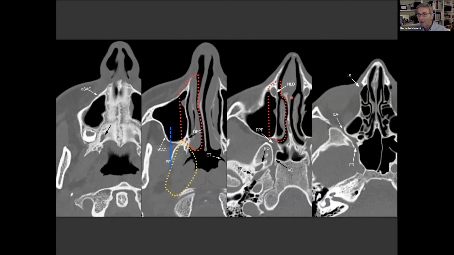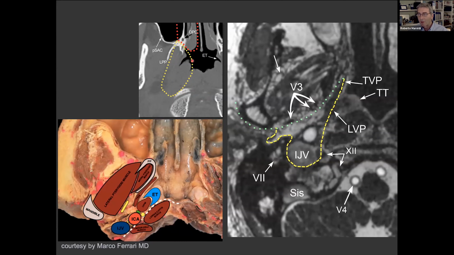Therefore, when you plan a surgical approach to the skull base, it is important to know, as we already mentioned, the opening of the Eustachian tube and all the structures that are behind the medial and lateral lamina of the pterygoid plate, because unraveling those, you will have the medial pterygoid muscle, the levator palatini muscle, the Eustachian tube, the tensor palatini, and so on.